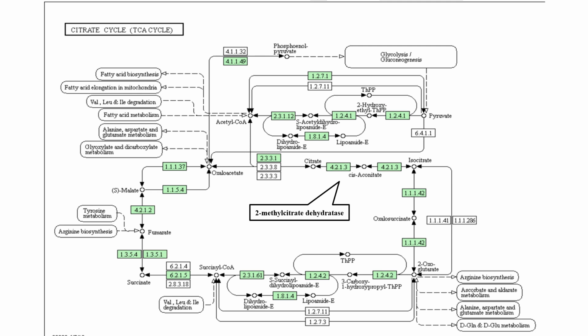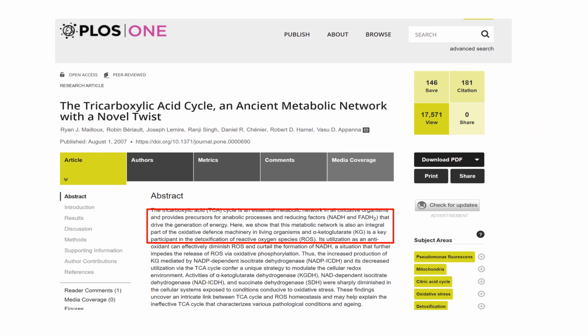Now we can see that this protein had almost a twofold increase in regulation compared to the control. It means that the TCA cycle was being upregulated in the treatment. The cycle can be used for generating energy, but this is also involved in a defense mechanism against oxidative stress.